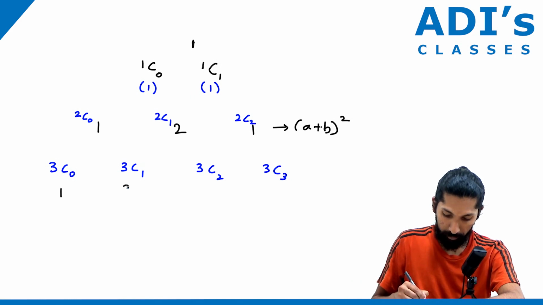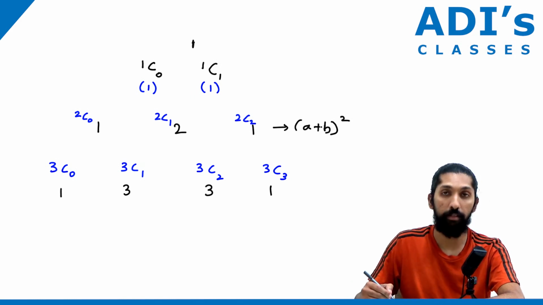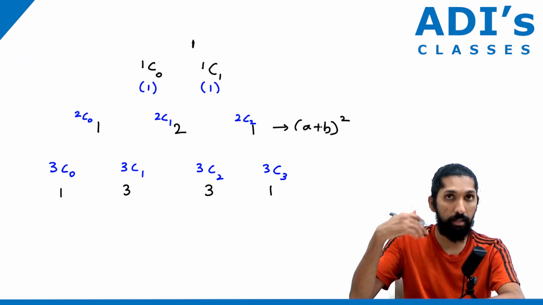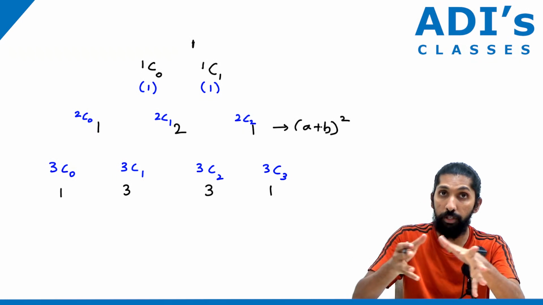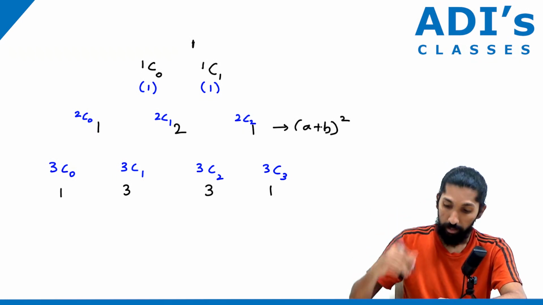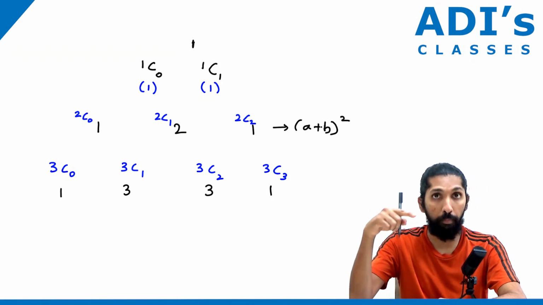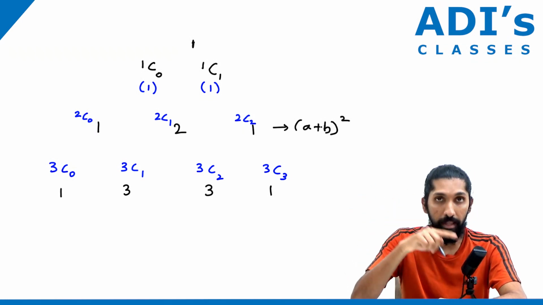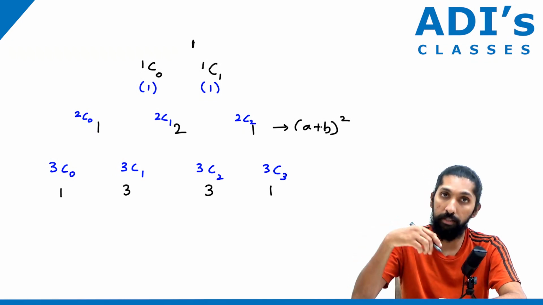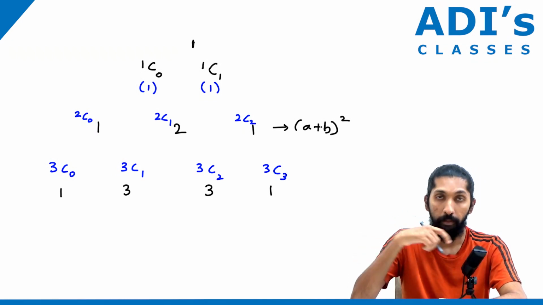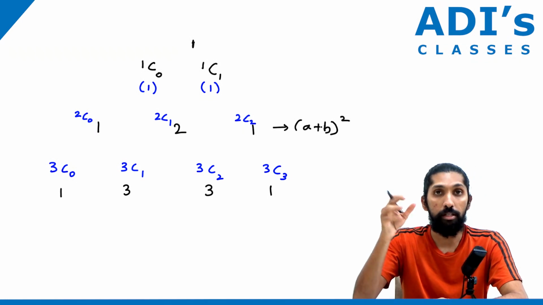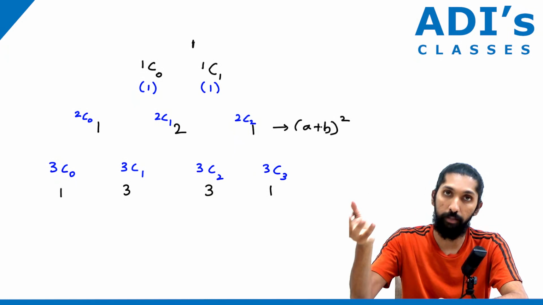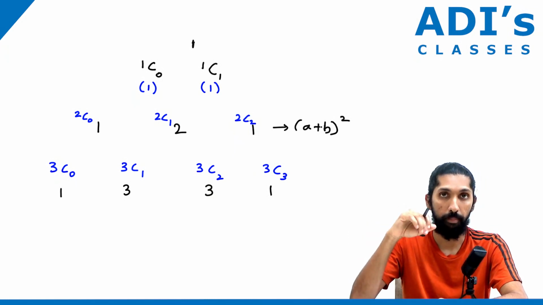So what are the numbers? 1, 3, 3, 1. Now that you have a general sense of how the coefficients are arranged, correct? When you do (a + b) whole power n, we start by taking nC0, nC1, nC2, nC3, and so on. This gives us the coefficients of a binomial expansion, which is the right word to use rather than theorem. Clear?